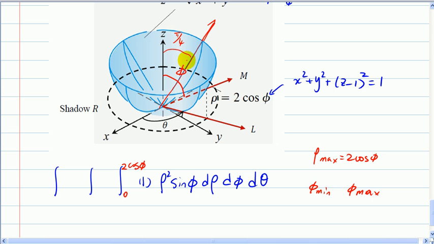So that's your phi min, pi over 4. If you keep rotating until it includes the whole sphere, you end up at the xy plane. So phi max is pi over 2.